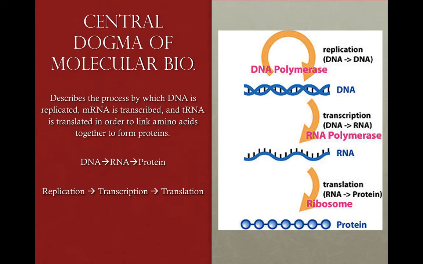So basically, the Central Dogma describes a process by which DNA is replicated. That's the first step. mRNA is transcribed, second step, and tRNA is translated in order to link amino acids together to make proteins. And remember, those proteins are what's making and building your traits, as well as other processes they undergo.